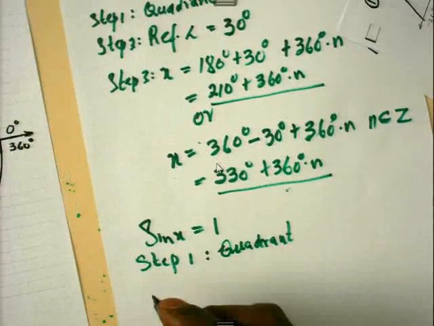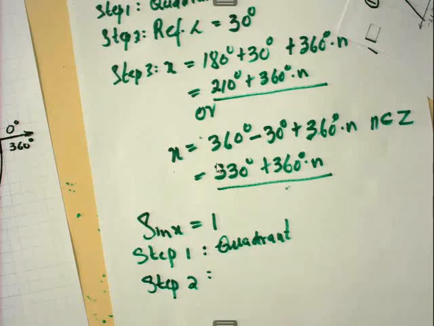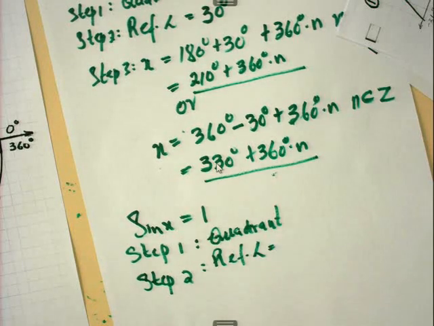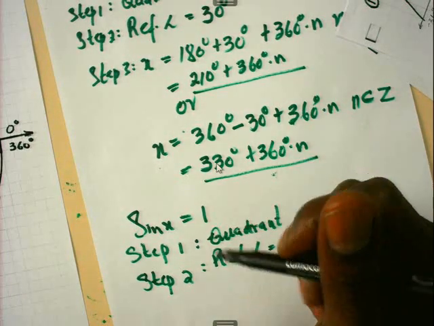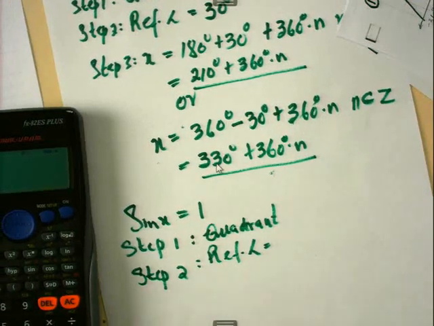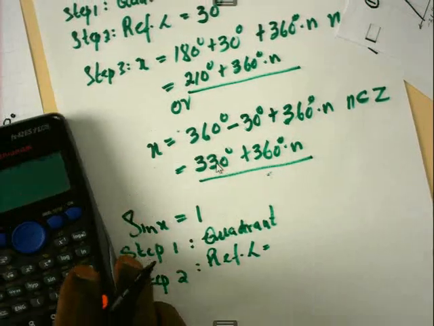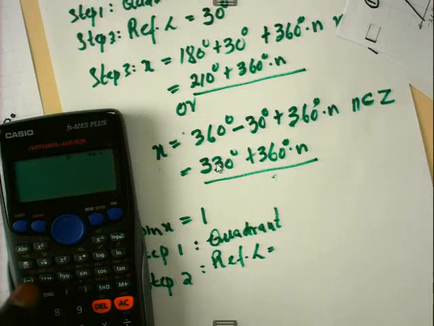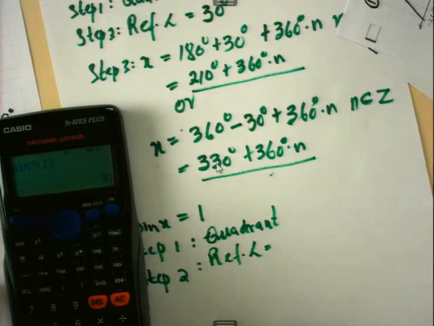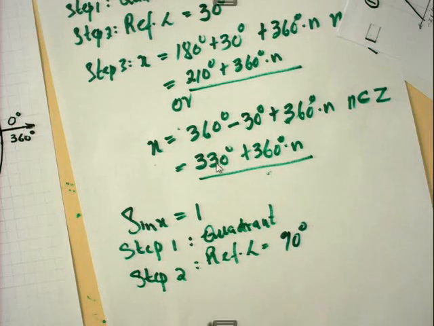And the next step, step 2, we look for the reference angle. We are going to refer to this angle to generate the solution for this problem. Now the reference angle becomes, we press second function or shift and then arc sine of 1 close bracket, and we get the answer of 90 degrees.